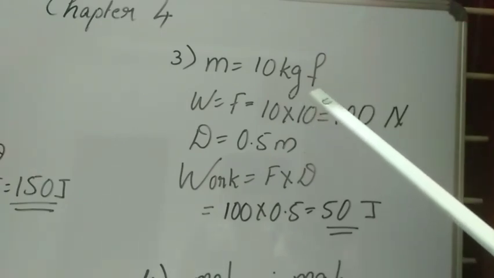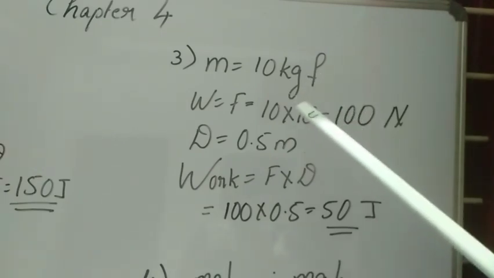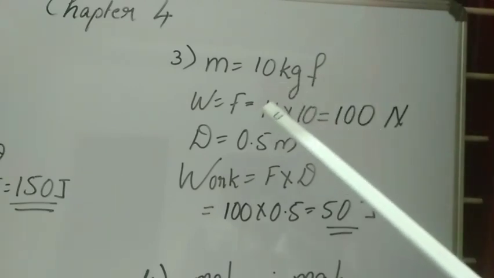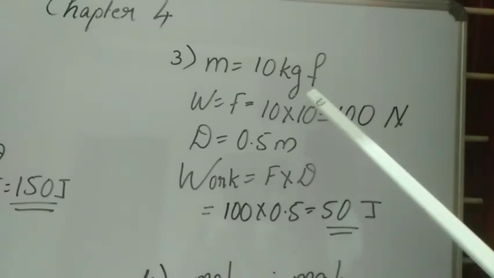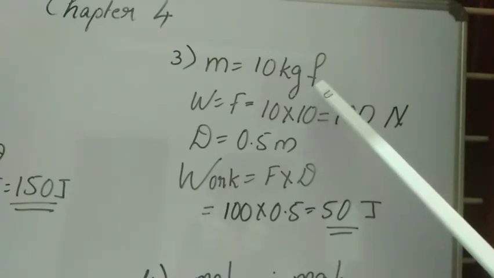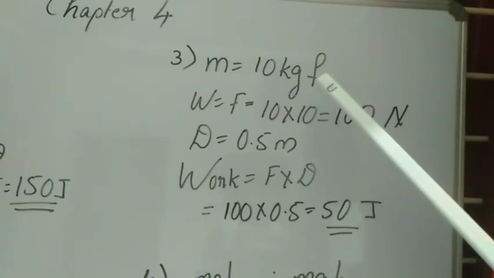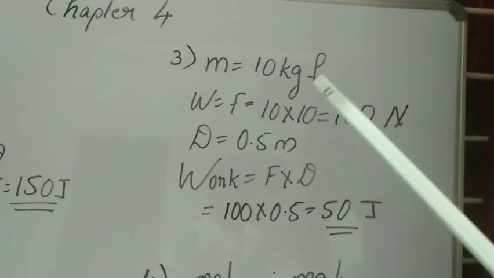How we did that? 1 kg 10 Newton. The same way, kg and kgf are same. Absolutely no change. Kg is the unit of mass. Kgf is the gravitational unit of mass. But both have the same magnitude.